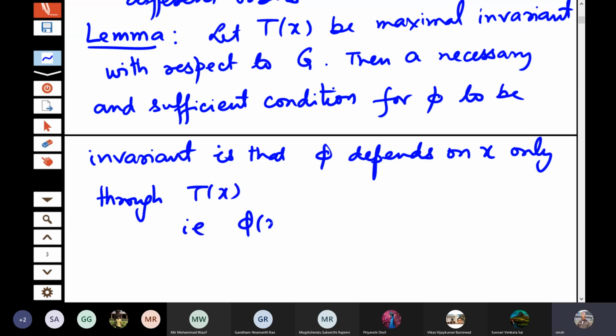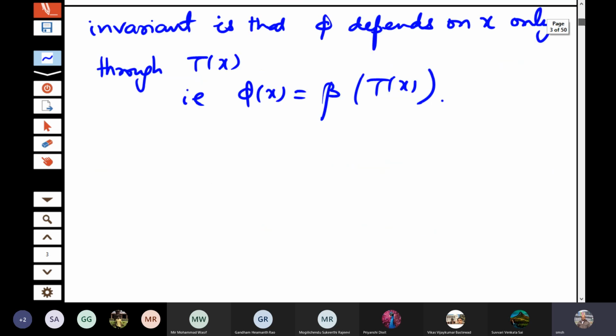That is, phi(x) is equal to some function h of T(x). I am not writing down the proof of this. It is slightly complicated because it involves a little bit of measure theory, so I will not write that here.